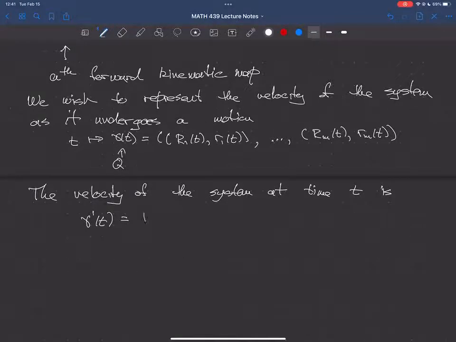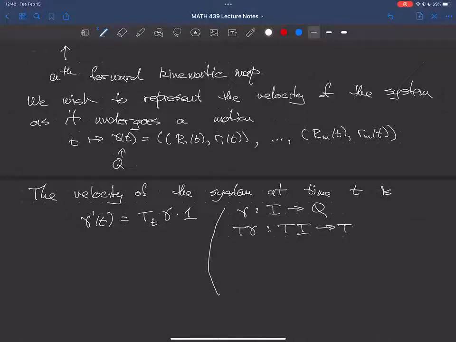So the definition was that this was T at t gamma, applied to the tangent vector 1. Okay, so this looks like really weird notation, so let me just remind you where this comes from. Gamma is a curve in the manifold Q. T gamma is then a map between the tangent bundles, as we've talked about.